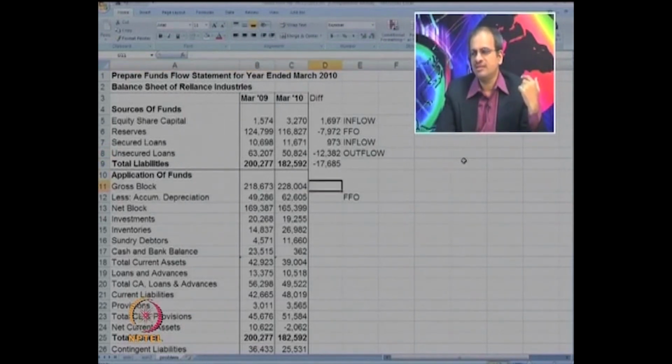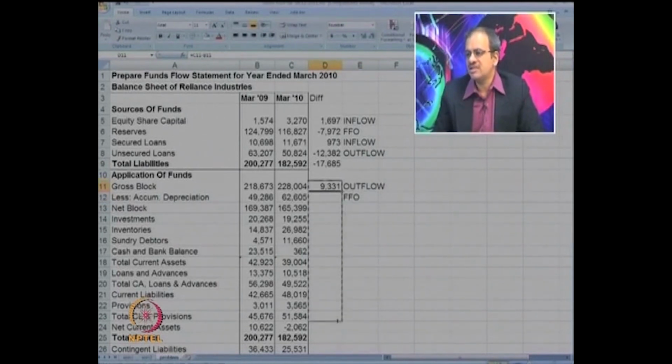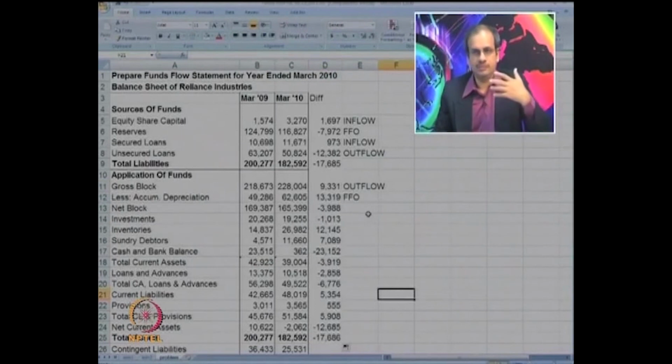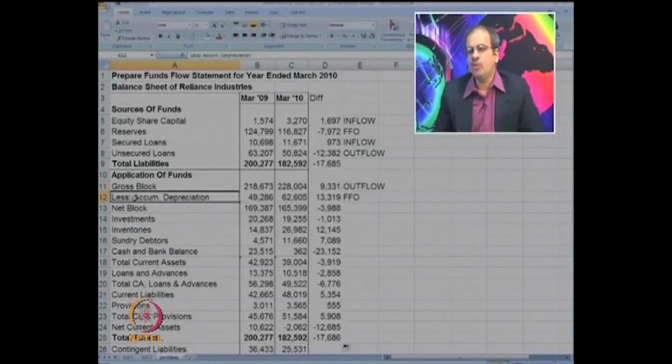Gross block, that means increase in the fixed assets. So, it represents an outflow. You must have correctly guessed because an increase of fixed assets is only possible if I pay money. So, it is an outflow. Accumulated depreciation. So, the depreciation has been accumulated.